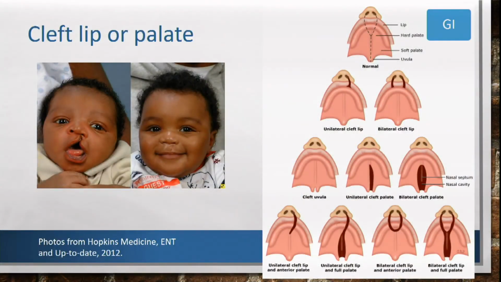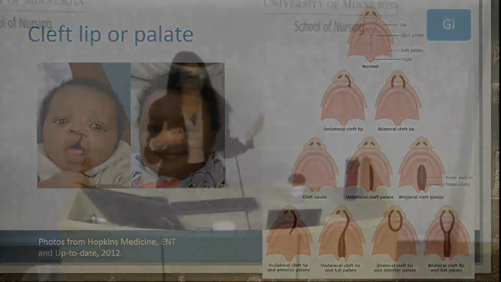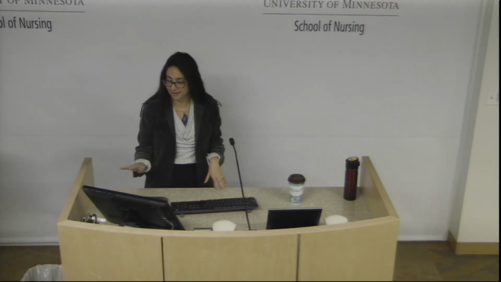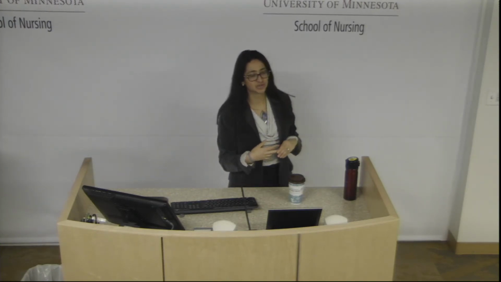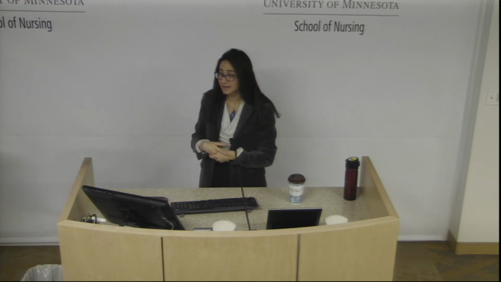Cleft lip and palate. You guys have probably seen pictures of these around. There's a lot of really great organizations that do work in the cleft lip and palate world. You can have cleft lip, you can have cleft palate, you can have both together, you can have them on one side, you can have them on both sides. There's lots of different ways that they can look, and that's what this picture is looking to depict. These kids do really, really well.